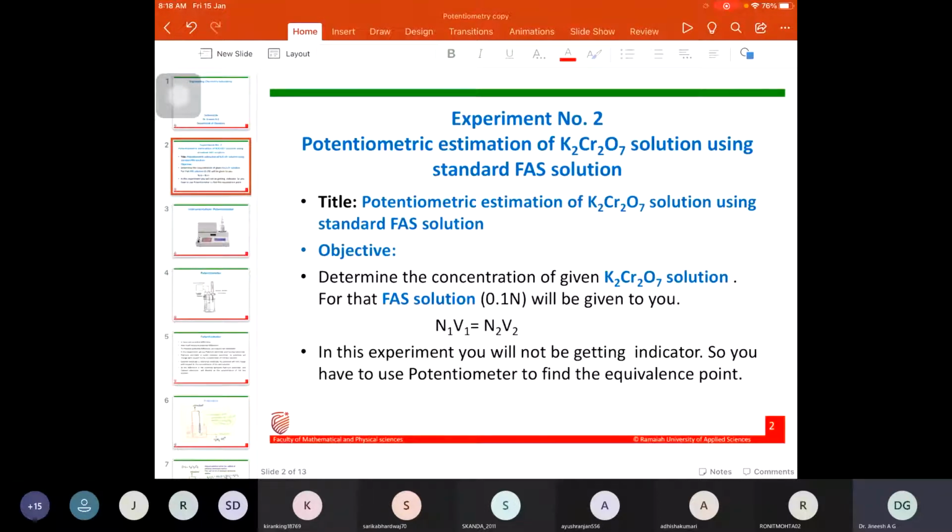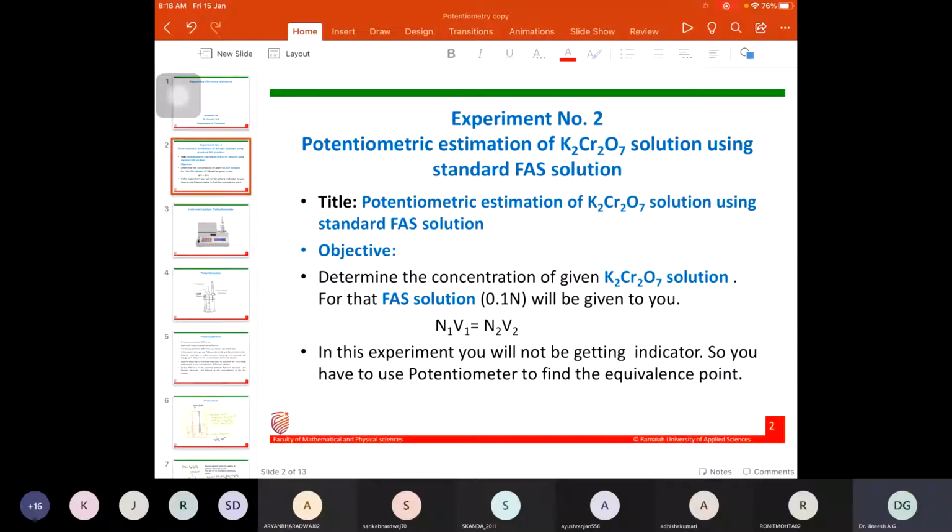So what will we measure? In this experiment, which parameter will we measure? Potential difference. So by measuring potential difference, we will be able to find the concentration of potassium dichromate solution.